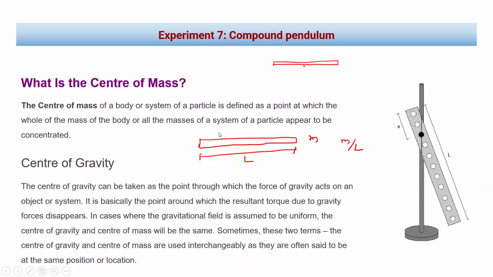So what we understand is that the mass is extended throughout these kinds of bodies, but there is one point where we can assume all the mass is concentrated, and any force acting on it we can safely assume acts at that particular position. We'll now see how it works.